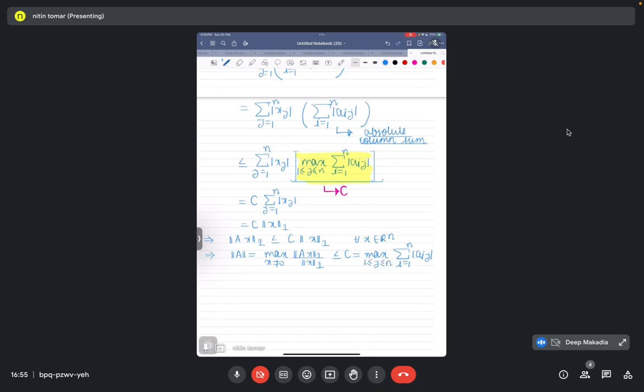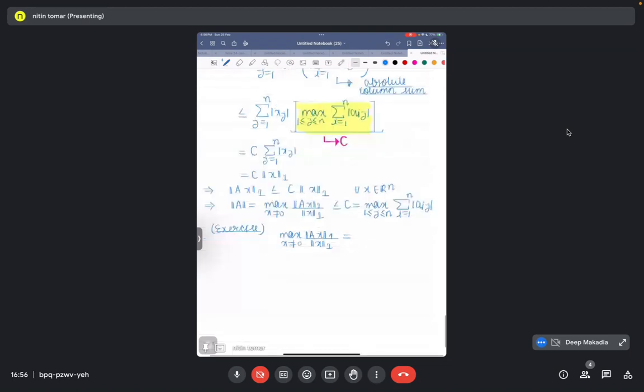Now, in fact, one can prove that they are equal. Exercise. The maximum of this matrix norm subordinate to this is actually the maximum of the absolute column sum.